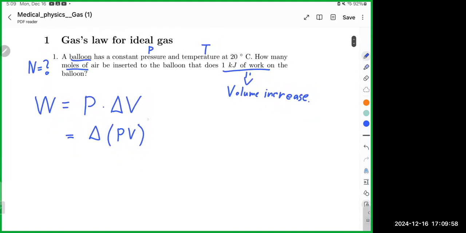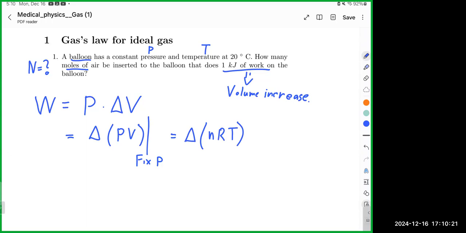For this case, we fix pressure, okay? And it equals delta N R T from the relation of the ideal gas.